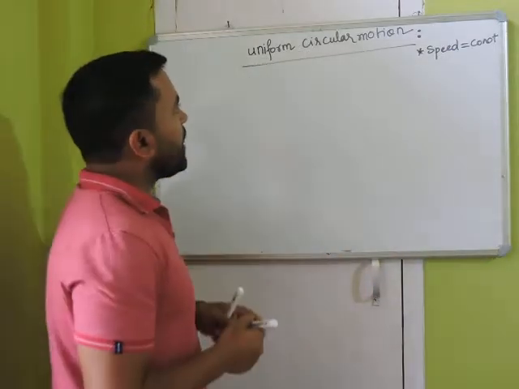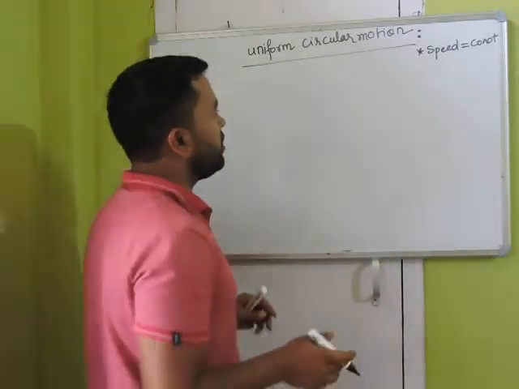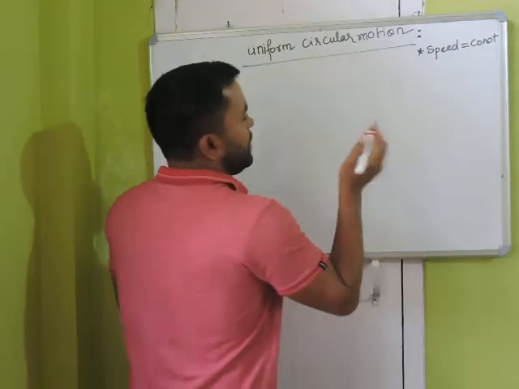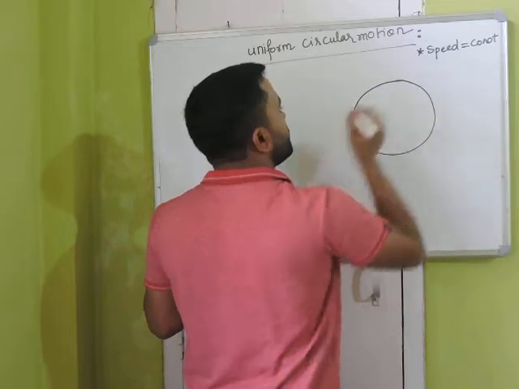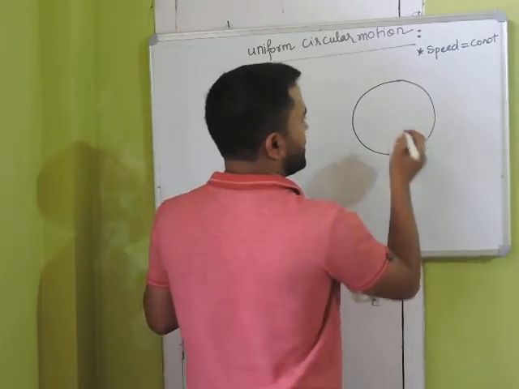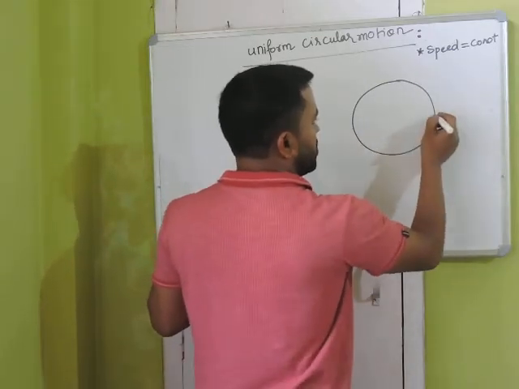Now what happens in the experiment I have shown you? In uniform circular motion a body moves in a circle. Let us take the example of that stone and string.